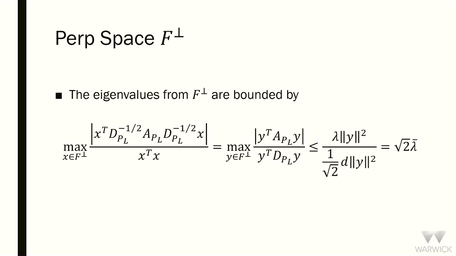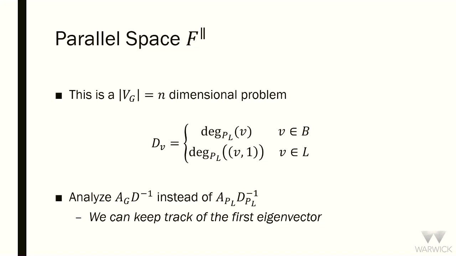And the analysis of the perpendicular subspace for the normalized expansion is very similar, because F-perp is an invariant subspace of the degree matrix. We can just replace D_PL to the minus 1/2 x by y, and then repeat the argument from before. Okay, so this is really easy. The more interesting part is the parallel space.